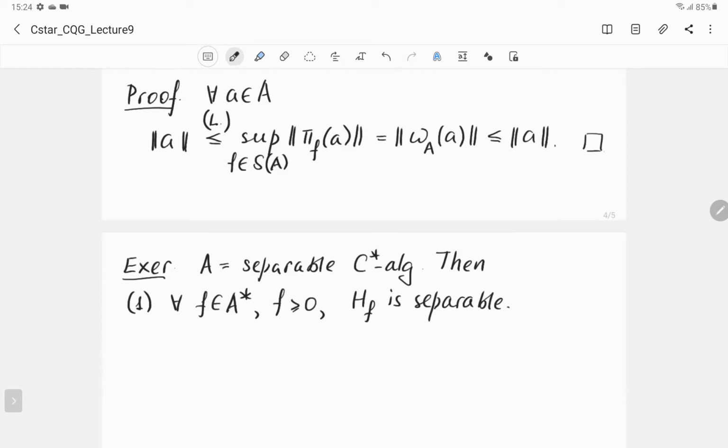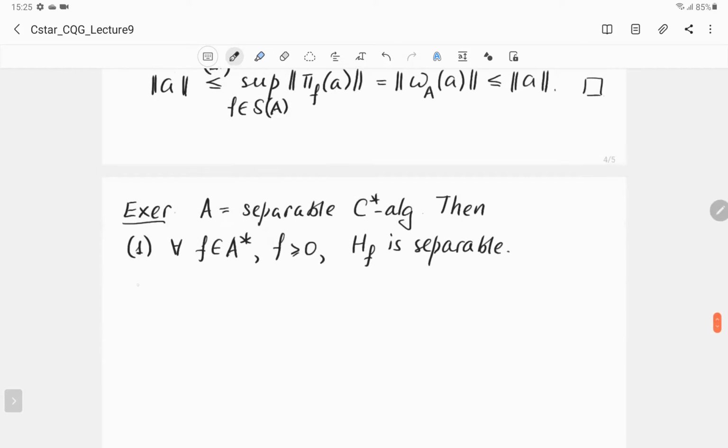This is very easy, because there is a continuous map from A onto the dense subspace of H f. But what is more interesting, there is a state f on A such that the respective GNS representation pi f is faithful. So we see that in this case there is no need to take the direct sum of all GNS representations to get an isometric representation of A. It's enough to take only one of them, and it will be faithful.